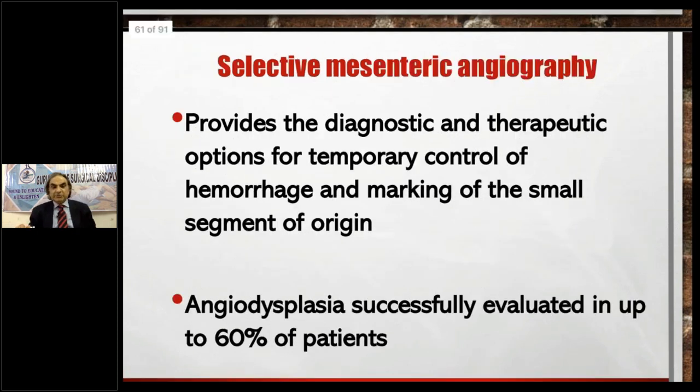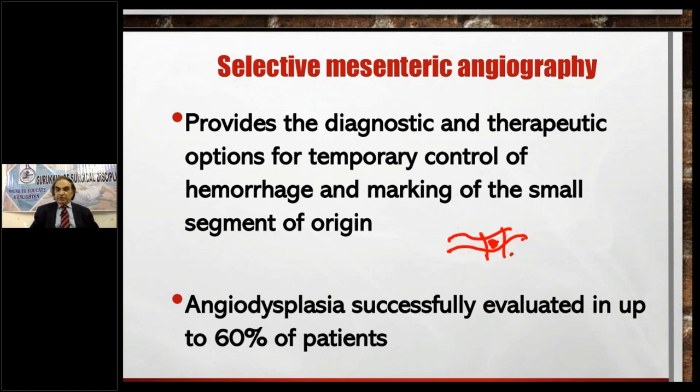Now I'm coming to what is more useful in the management: selective mesenteric angiography. This provides diagnostic as well as therapeutic options, so obviously it's ideal. You can control the hemorrhage by marking the small segment. Suppose the bleeding has stopped, you can mark it with a clip, and you know where it is.